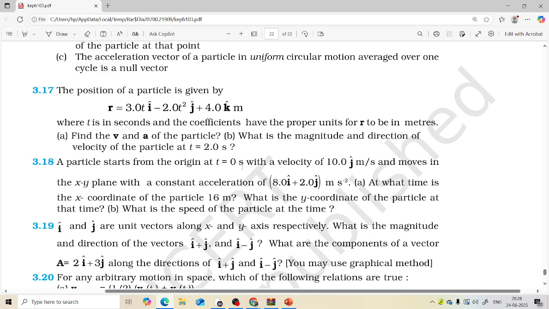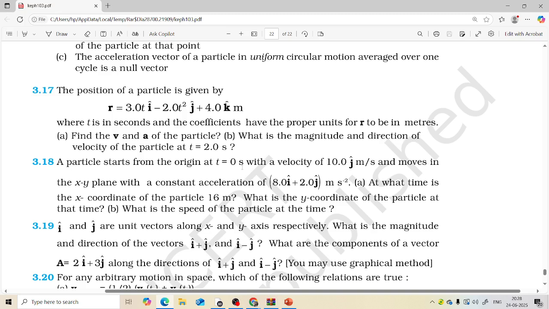Definitely I will discuss it, but you must know there is a chapter in maths called limits and derivatives. After learning limits and derivatives, only then can I discuss 3.17. So I will discuss it later.